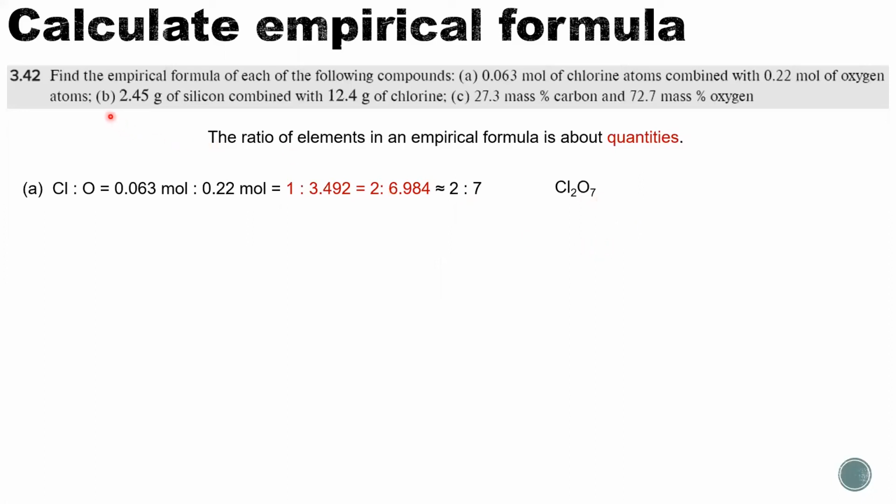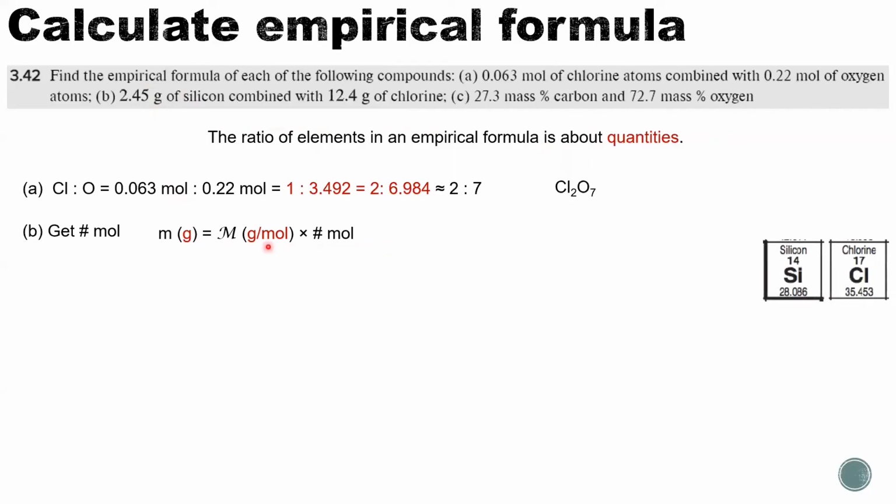For the second question, B, there are 2.45 grams of silicon combined with 12.4 grams of chlorine. In this case, remember we talk about quantities, but it's provided by the mass. So we need to get the quantity from the mass using the molar mass equation. Mass equals molar mass times number of moles.